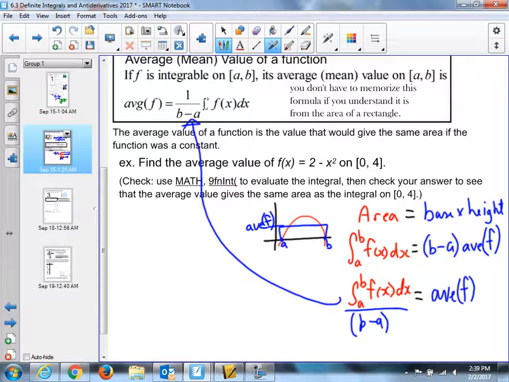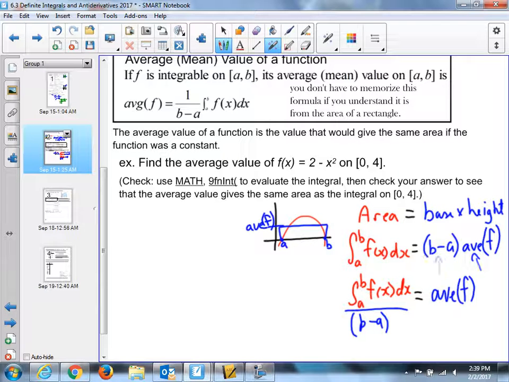Now, the reason why I'm saying this is if you understand that area is given by an integral and that there's a rectangle for any given area, you can find a rectangle that has the exact same area. You understand how this formula, how you find the average value of a function. If you choose to memorize, that's fine.